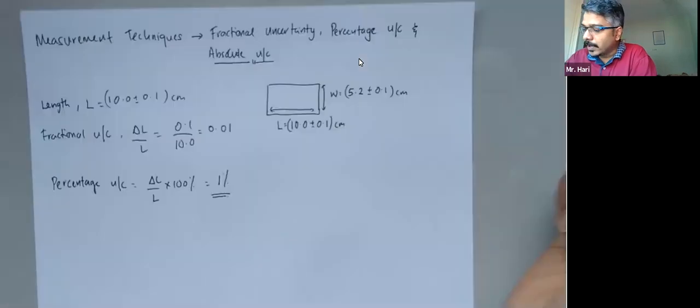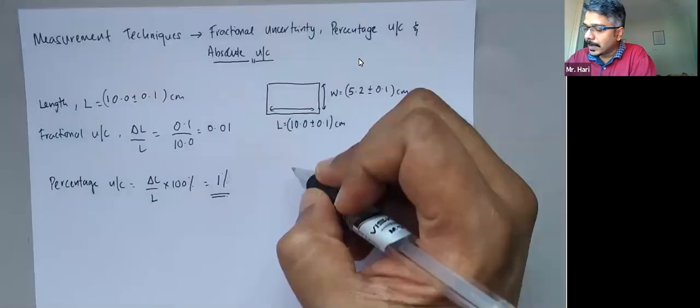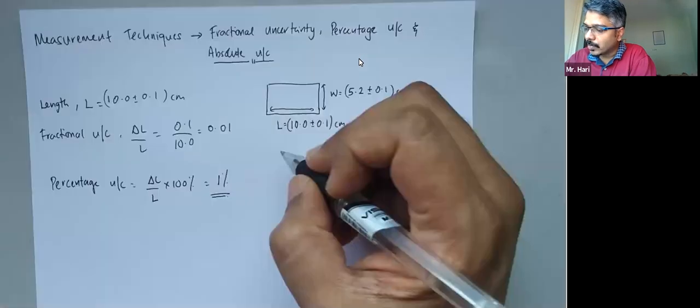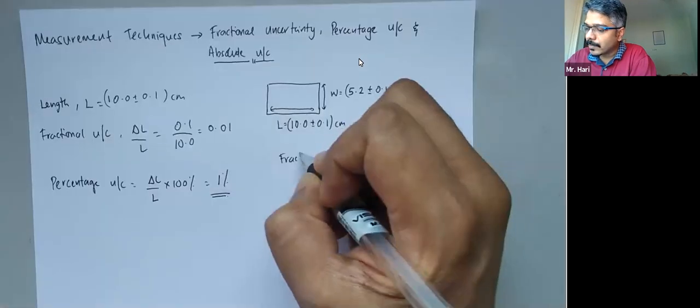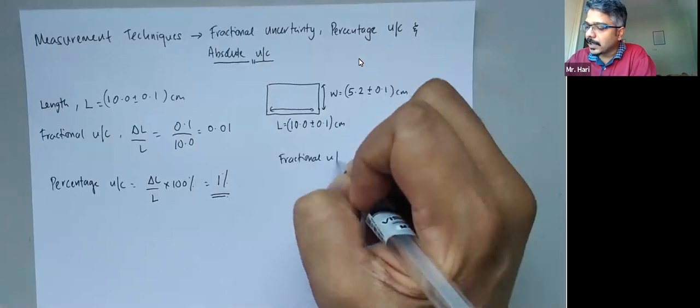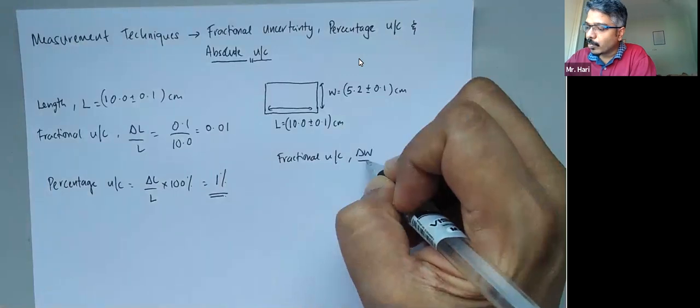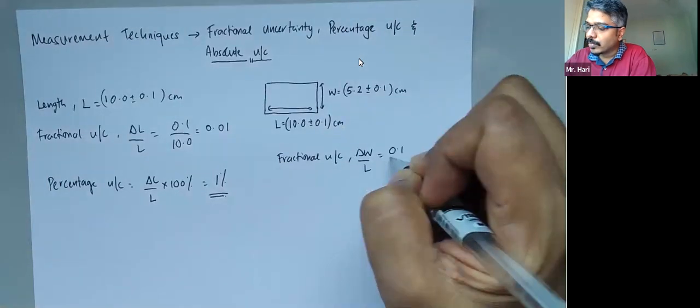However, if you repeat the same process for the width, the fractional uncertainty for the width, delta W over W, is 0.1 over 5.2.